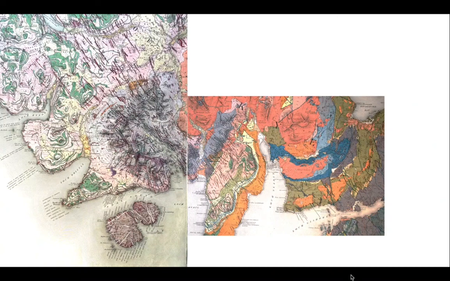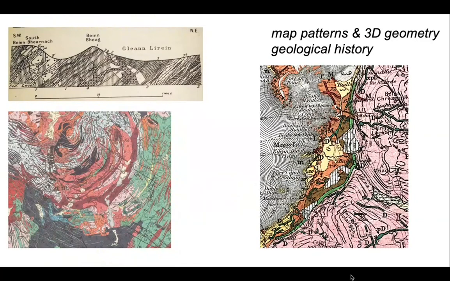Map patterns on Skye allow geologists to infer the relative age of the granites and the gabbros and to build a geological story, a story of the relative ages of intrusion. We've used the outcrop patterns collected and reported on these old geological maps to infer 3D geometry.